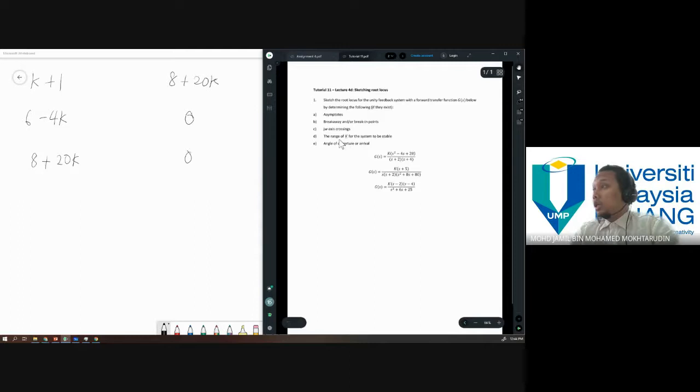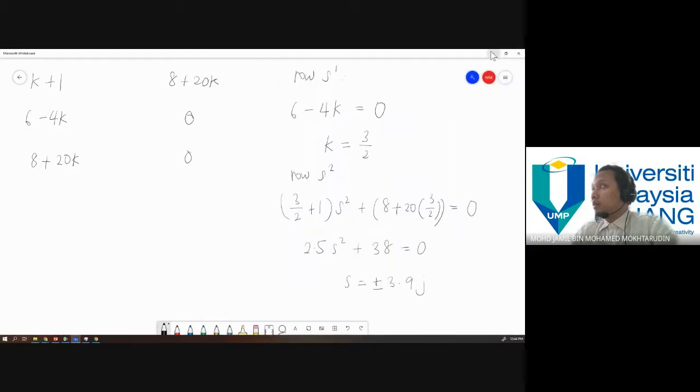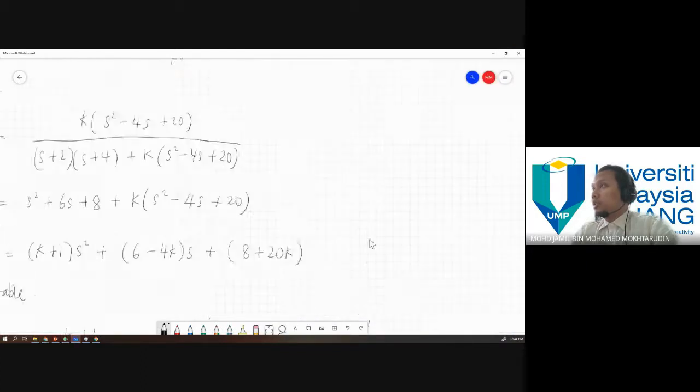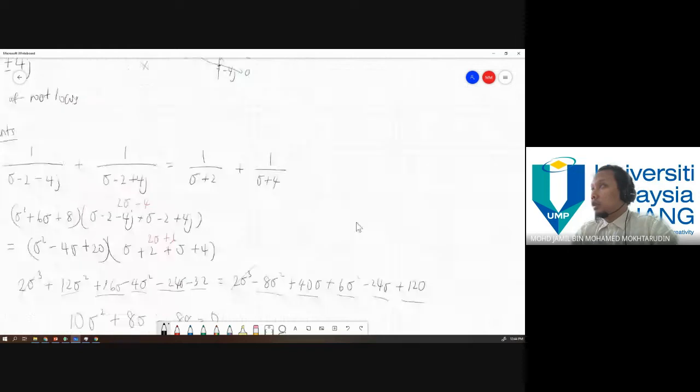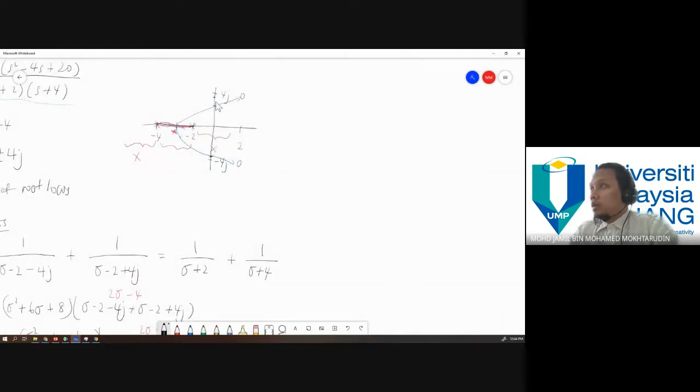And then the question asks you to find the range of K for stable system. Okay, so for stable system, if you look at the root locus, when the root locus crosses the JW axis on the right hand side here, the system after this point will not be stable, okay, will be unstable.